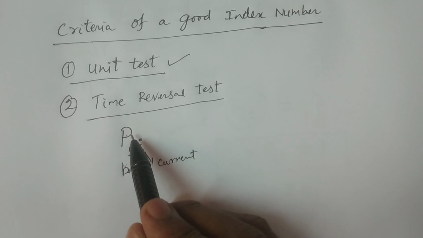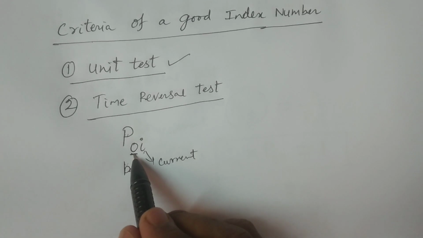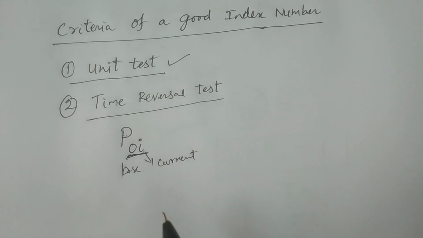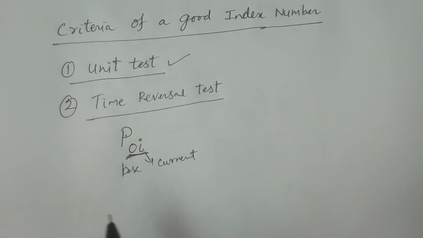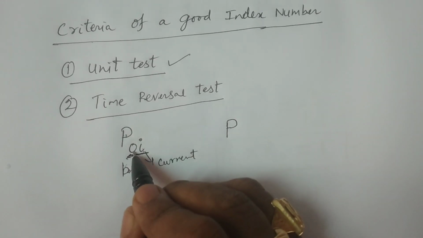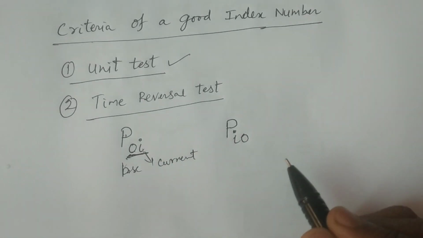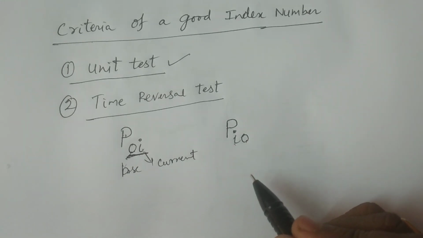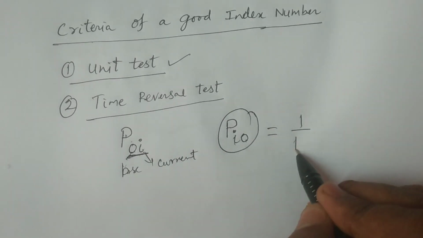So the index number is calculated for current period i based on a particular period called the base period, that is 0. These are the two time periods for a price index number. The index number belongs to this period, and the comparison is with the base period. If you interchange these two, that is, calculate a new index number by interchanging 0 and i, then this index number should be the reciprocal of the original index number P0i.